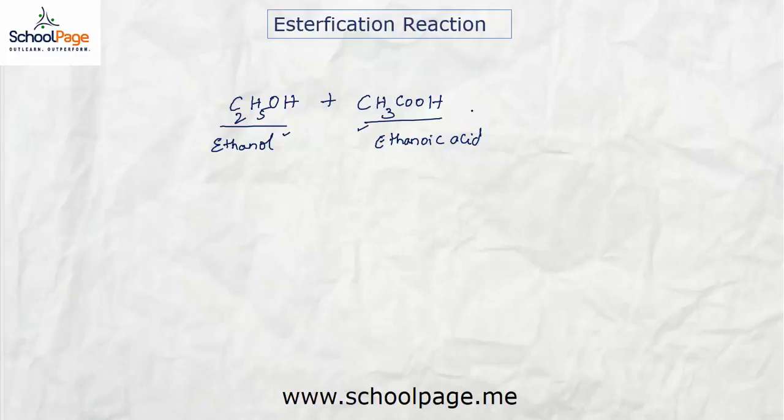Now they both react together in the presence of concentrated H2SO4, that is the sulfuric acid. When the reaction occurs, the resultant products are ethyl ethanoate, which has the molecular formula CH3COOC2H5, plus a water molecule H2O.